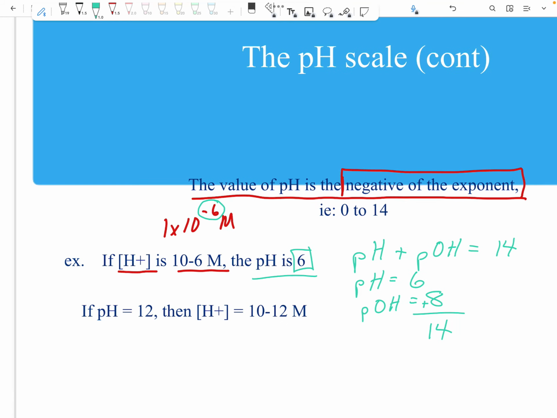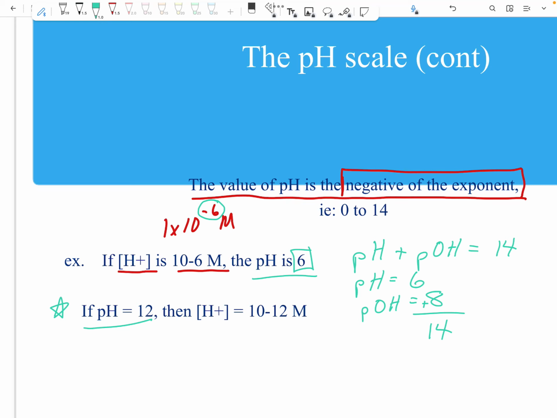But going back to calculating the hydrogen ion concentration, let's take a look at this one right here. If the pH is 12, then the hydrogen ion concentration is going to be 1 times 10 to the minus 12 molar.